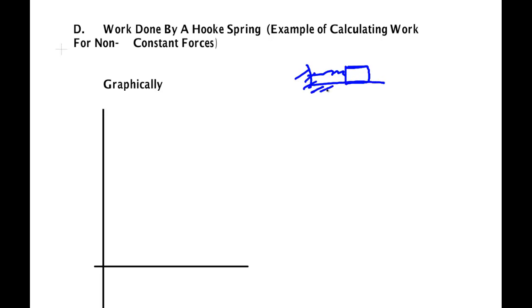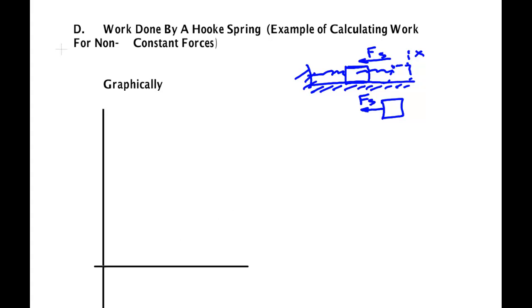And I'll let that block sit like this. And I'm going to pull that block to some new location. So now it's over here at some value of x. And the spring is now going to pull back in that direction. Well, the force will be in the negative direction.